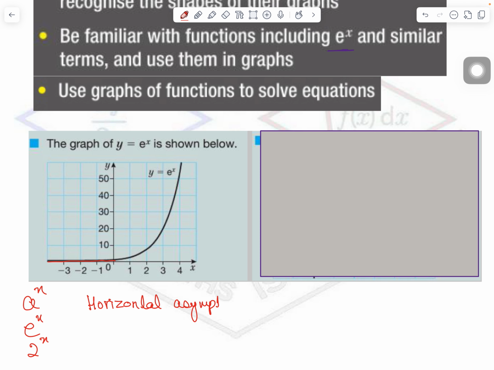It's not always x-axis, it varies. I may have asymptote here and the graph is going like this, possibility, right? Depends on the equation.